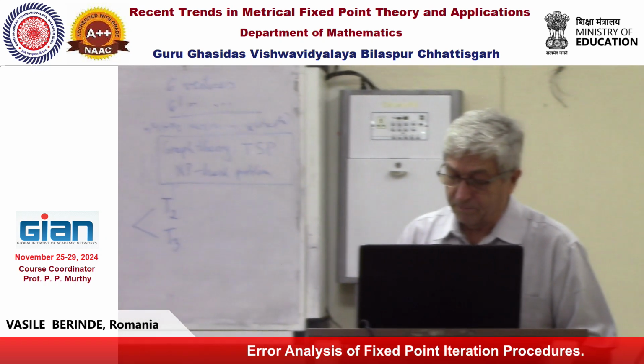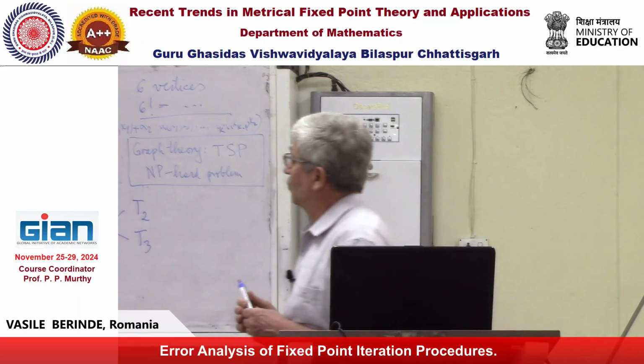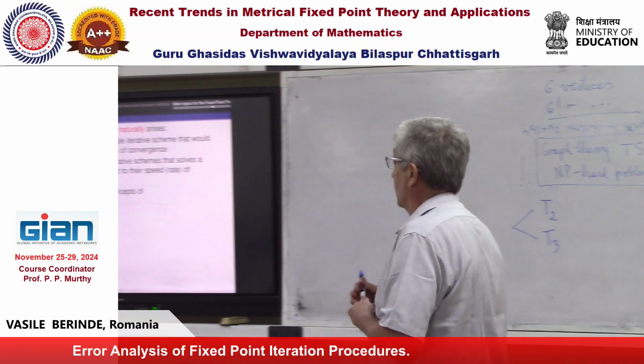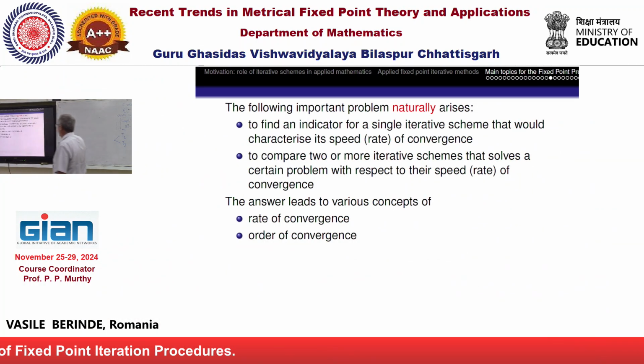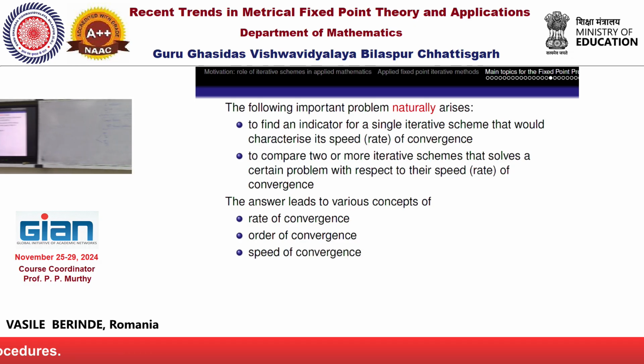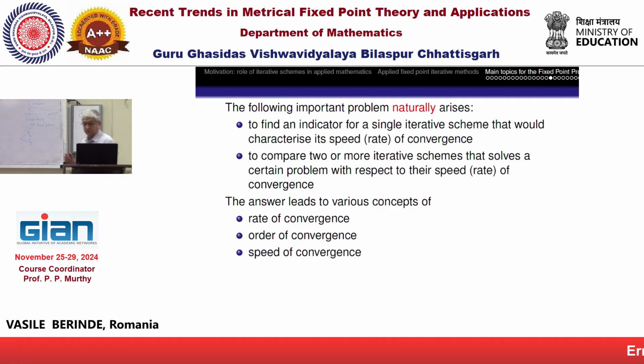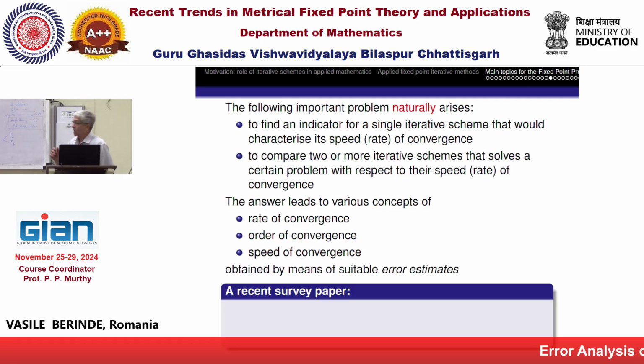This problem leads to a very important concept in numerical analysis, the concept of rate of convergence, which is also sometimes called order of convergence or speed of convergence, among many other terms.